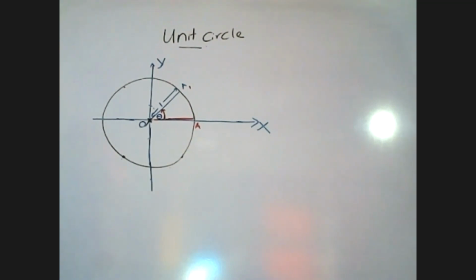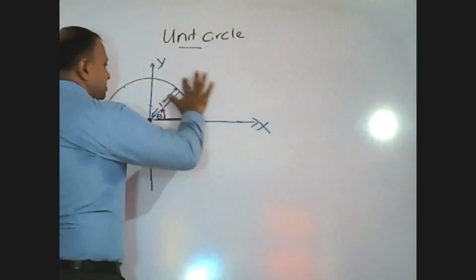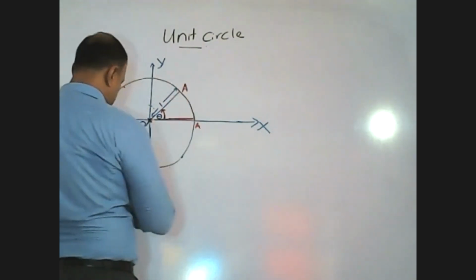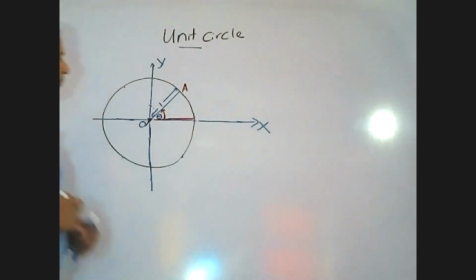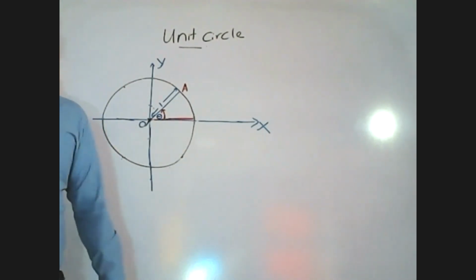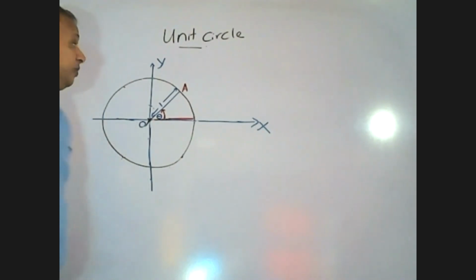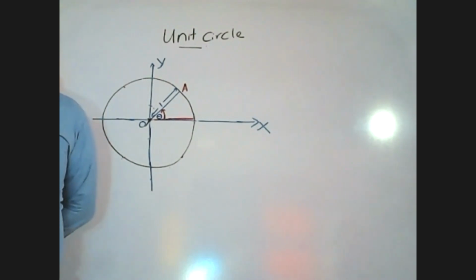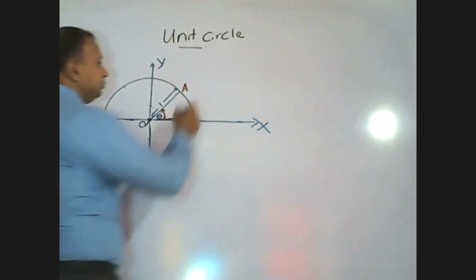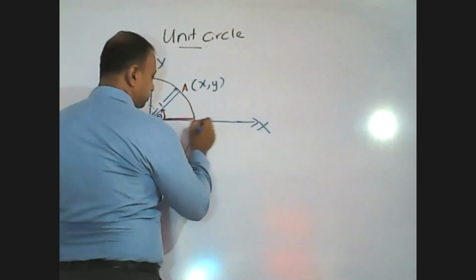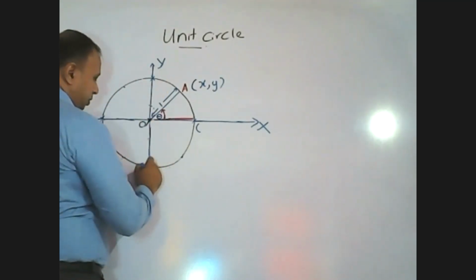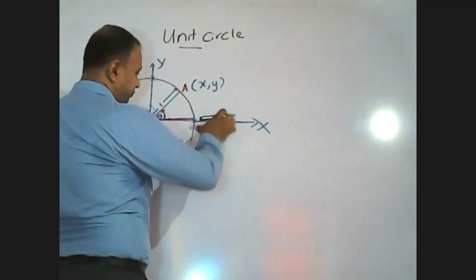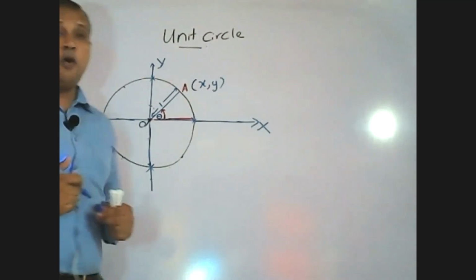As there are infinite number of angles, trigonometric ratios have to be defined for all angles.